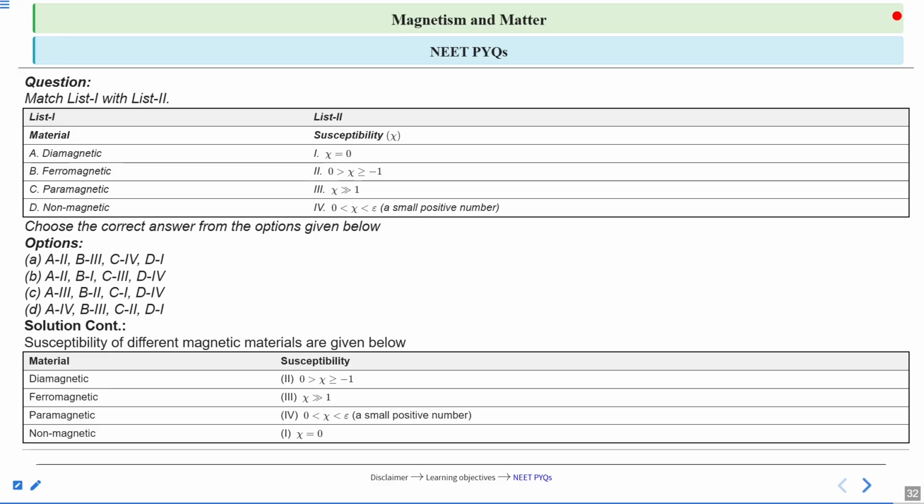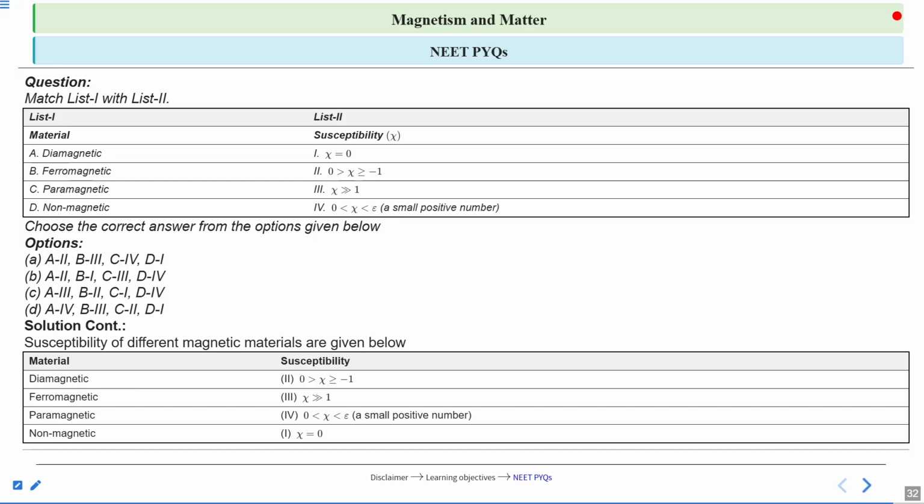Diamagnetic is matched with the second option of list 2, which is chi between 0 and minus 1, and it can be equal to minus 1. The case of equal to minus 1 is for perfect diamagnetism; the diamagnetic materials showing perfect diamagnetism, for which chi is equal to minus 1, are called superconductors.